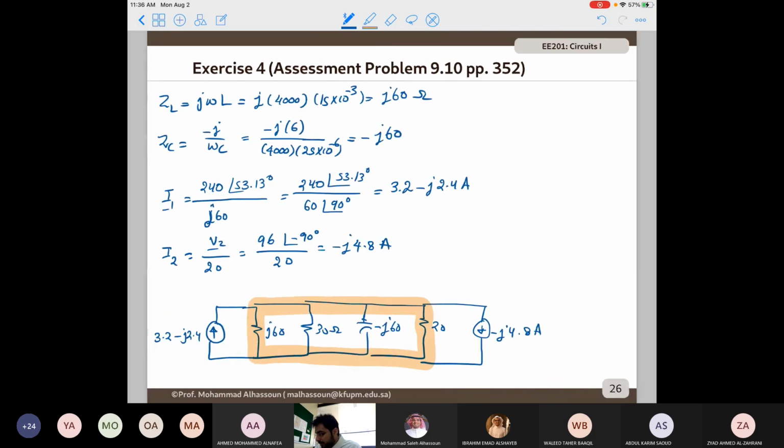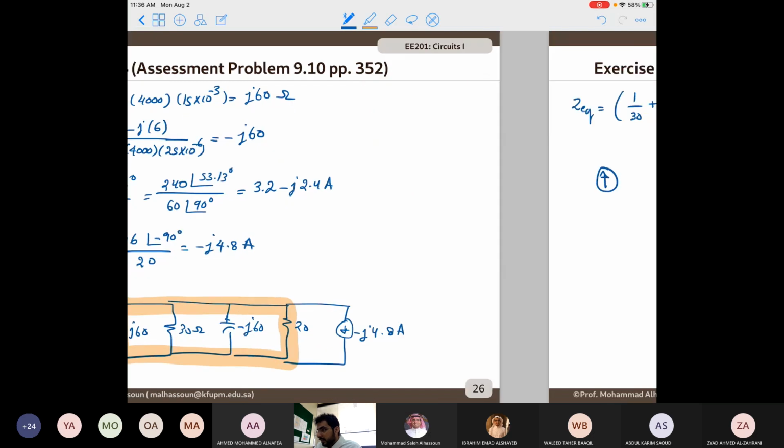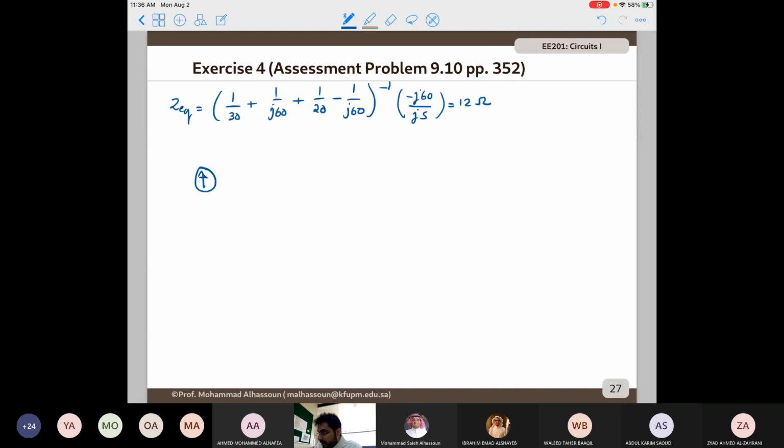I need to subtract the sources. So 3.2 minus j2.4 minus minus j4.8, and this is going to give me 3.2 plus j2.4. The equivalent resistance is 12, and this is the phasor of V0.